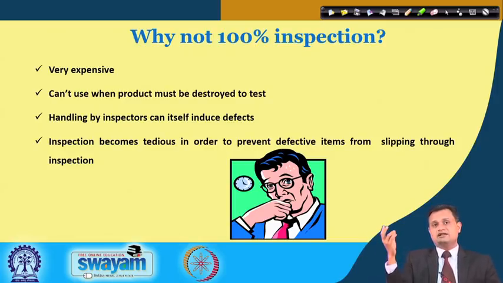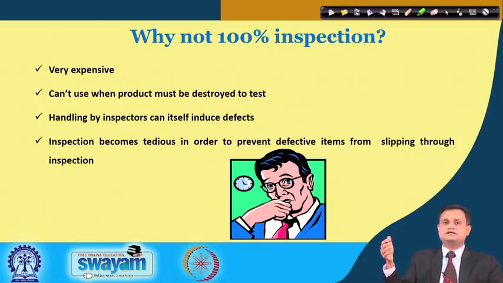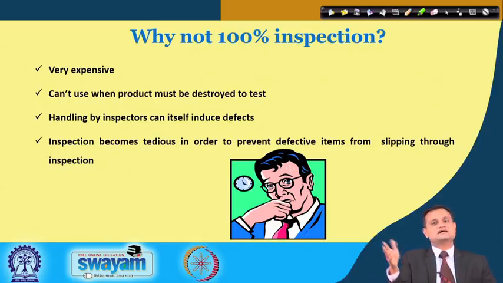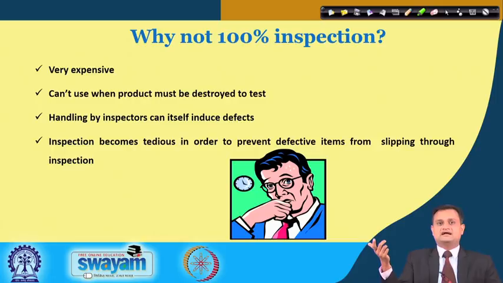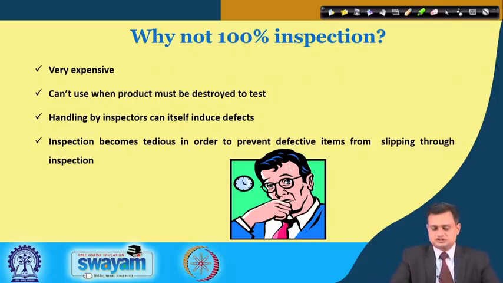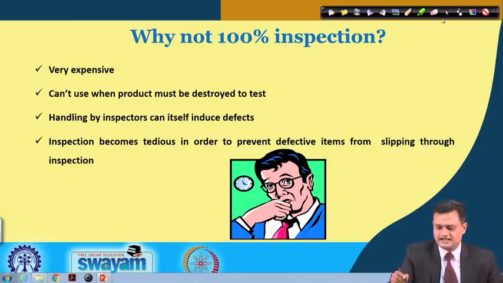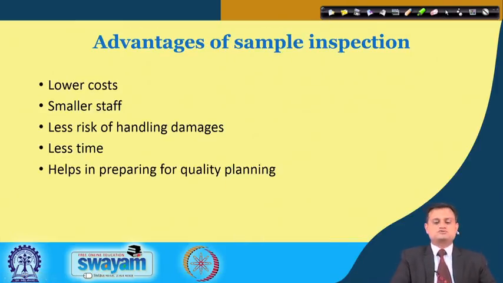Many times when you are handling very precise parts and trying to inspect every part, the inspector can induce some defect that is not acceptable. Inspection also typically becomes a tedious task, and in that case your inspector may make an error and defective items may be accepted. These are a couple of reasons that I would not like to go for 100% inspection.